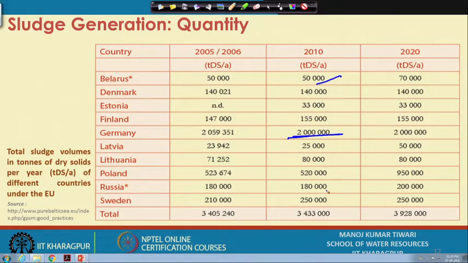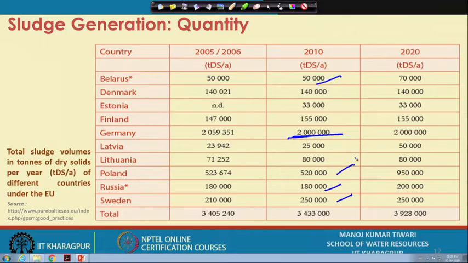Russia is producing around 1.8 lakhs, Sweden 2.5 lakhs, Poland 5.2 lakhs. So, a significant amount of sludge is being produced by different nations. Japan is facing a sludge management problem. China has a huge production of sludge which is not being managed properly, and the same in many other nations.